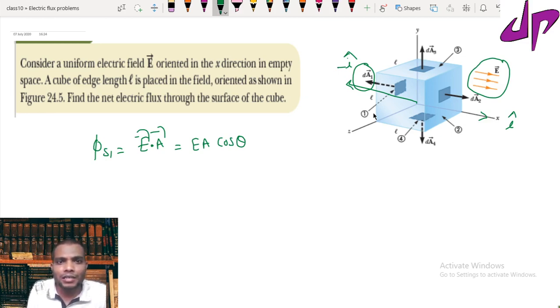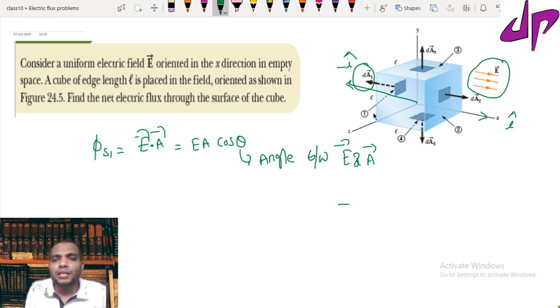Theta is the angle between them. The electric field is along the positive x-axis and the area vector is along the negative x-axis.